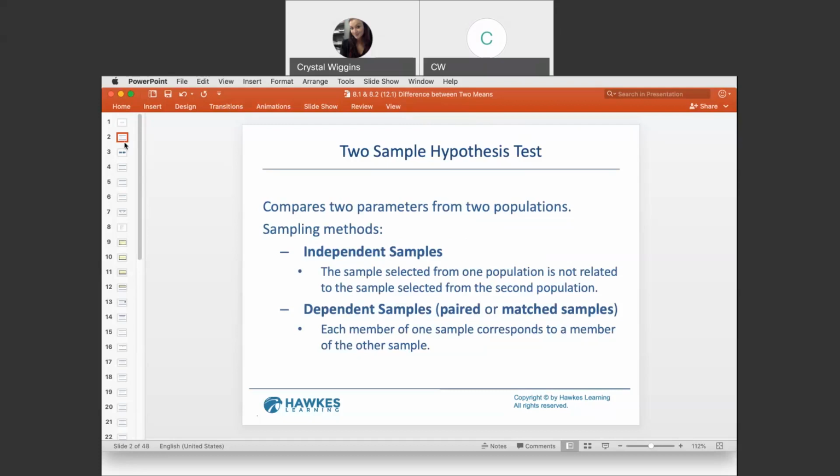Dependent samples, also called a matched pairs design or paired samples, is when each member of the sample corresponds to a member of the other sample. So there are cases where dependent samples are literally the same people.